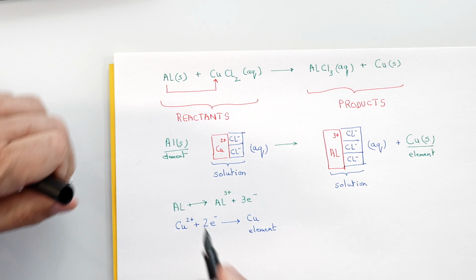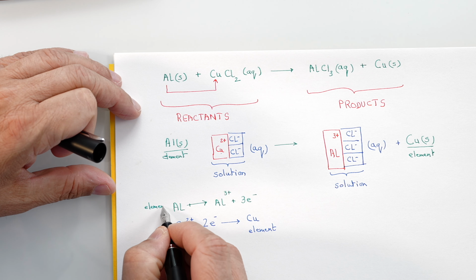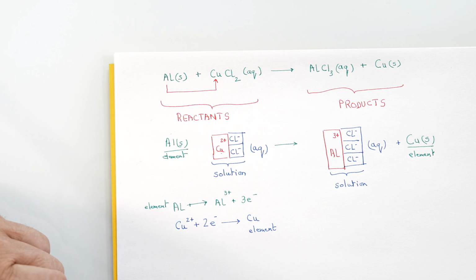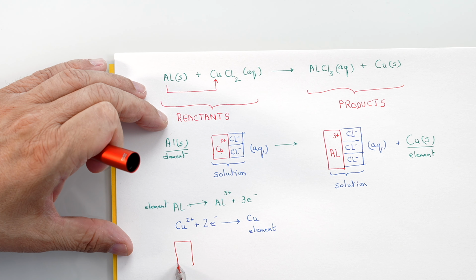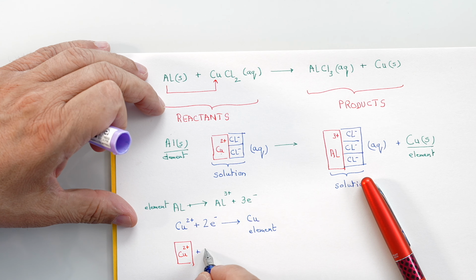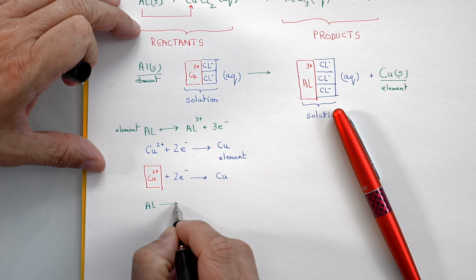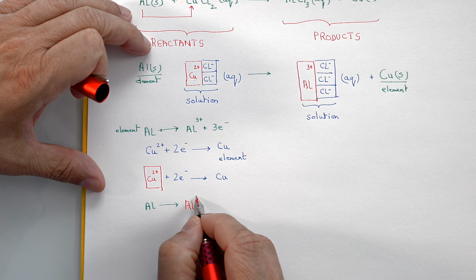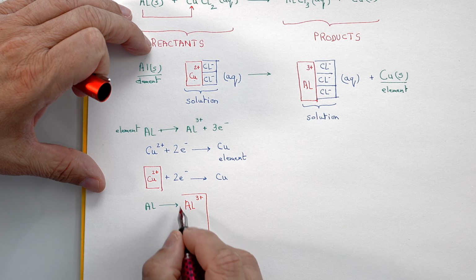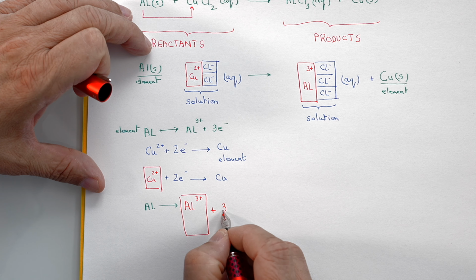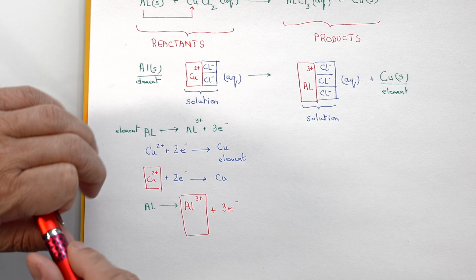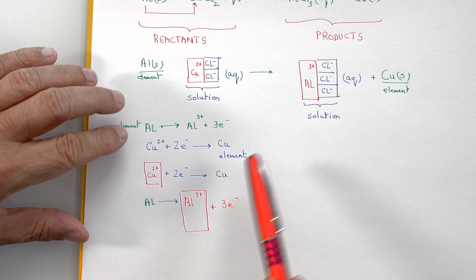And this is aluminum, the element. So this starts out as a cation, gains electrons and becomes copper. Aluminum becomes aluminum 3 plus, and it gets rid of 3 electrons. So it's important to be able to understand what's going on here.